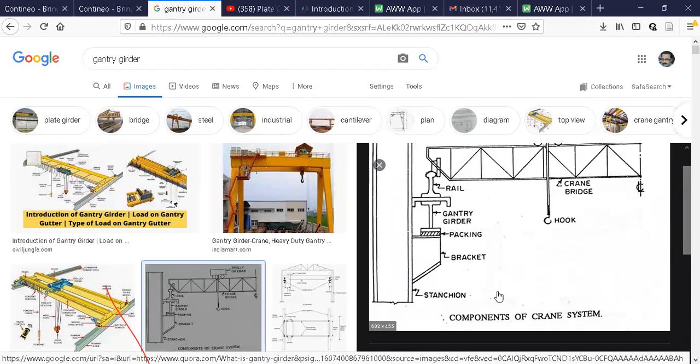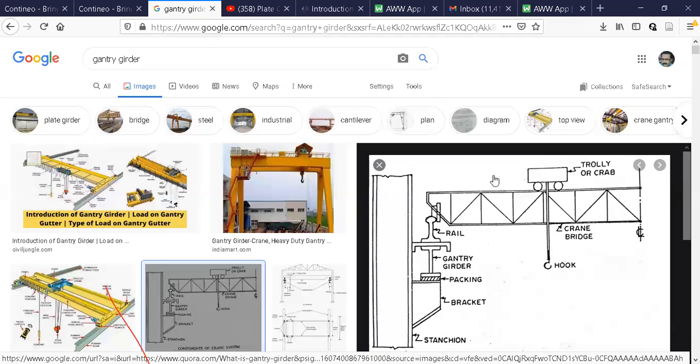Okay. So in your syllabus, see what is there. You have to design this part. That is how to design a gantry girder for all these loading arrangements. Since the trolley is moving continuously in the X direction, what is the effect of that? How much load should we consider?